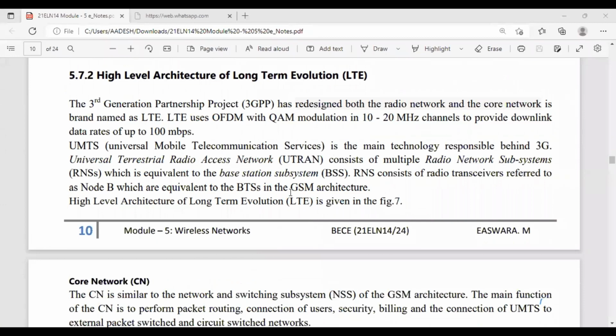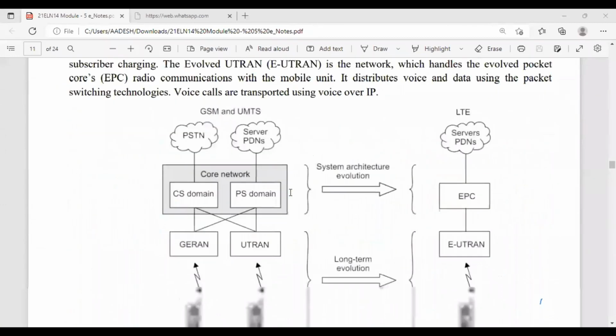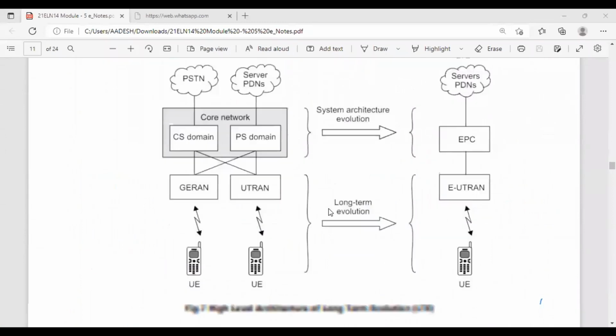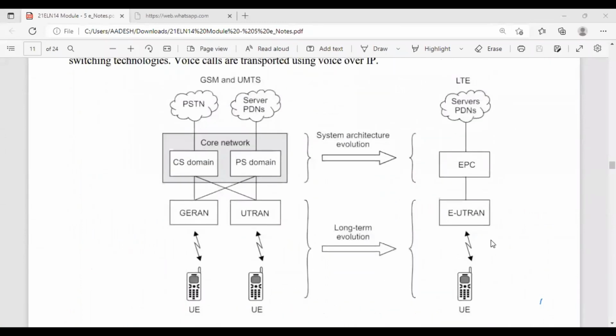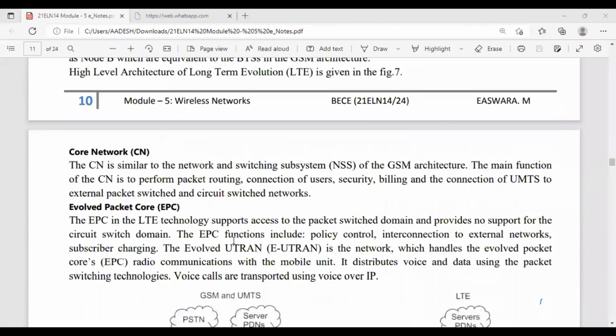If we look at the diagram, this is the architecture of LTE, where EPC is there, the packet data networks, and E-UTRAN. Basically, EPC means Evolved Packet Core, right? This is a packet switched domain, and it provides no support for the circuit switched domain. It is totally wireless.